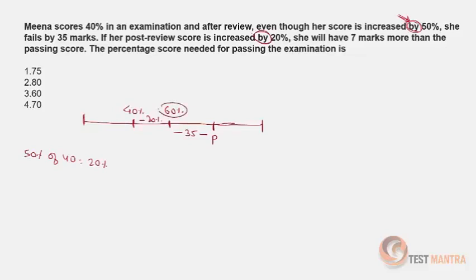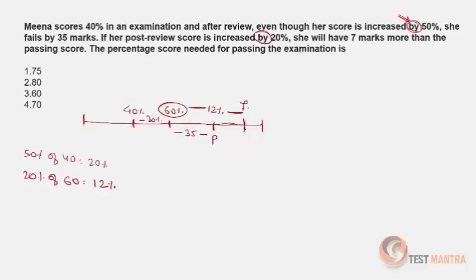Of this figure. So it's nothing but 20% of 60, which is basically 12 percentage points. From here to here it's increased by 12 percentage points.